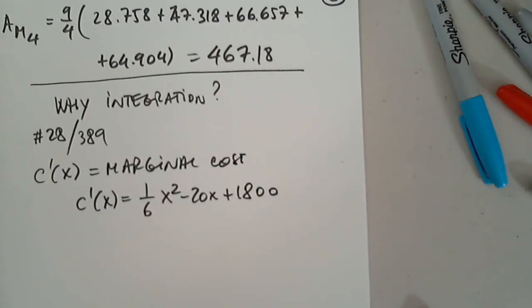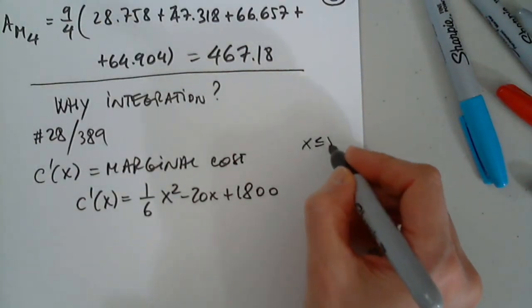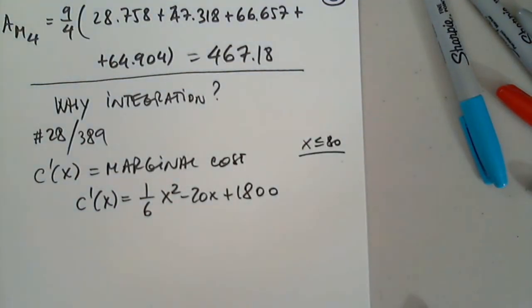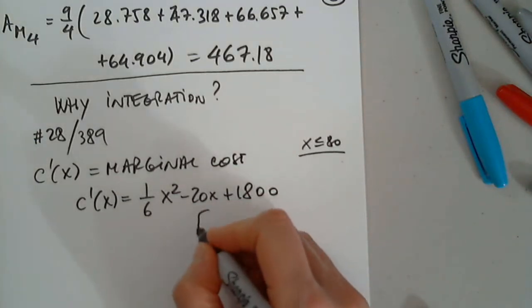It says, Manganiello Paving Incorporated has found that the marginal cost in dollars of paving a road surface with asphalt is given by this function, for x less than or equal to 80. Fine. Approximate the total cost of producing 270 pints of juice using 3 subintervals over the interval 0 to 270.